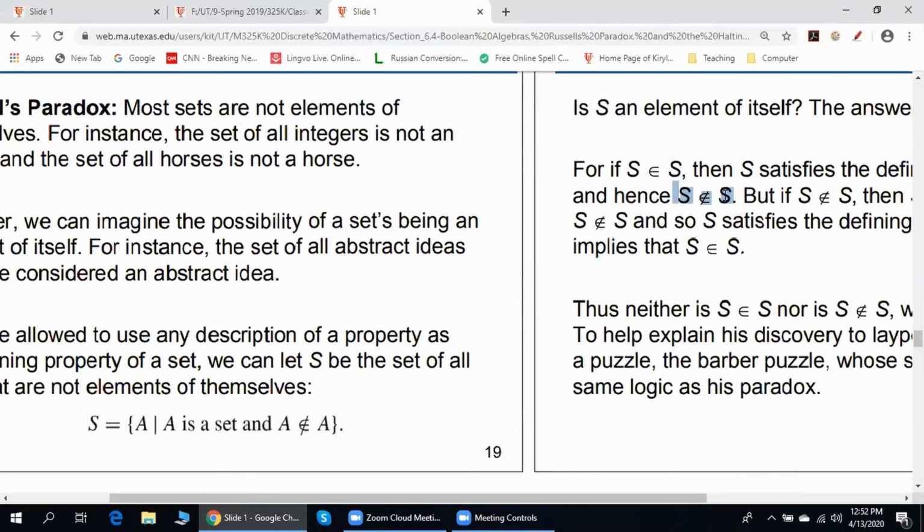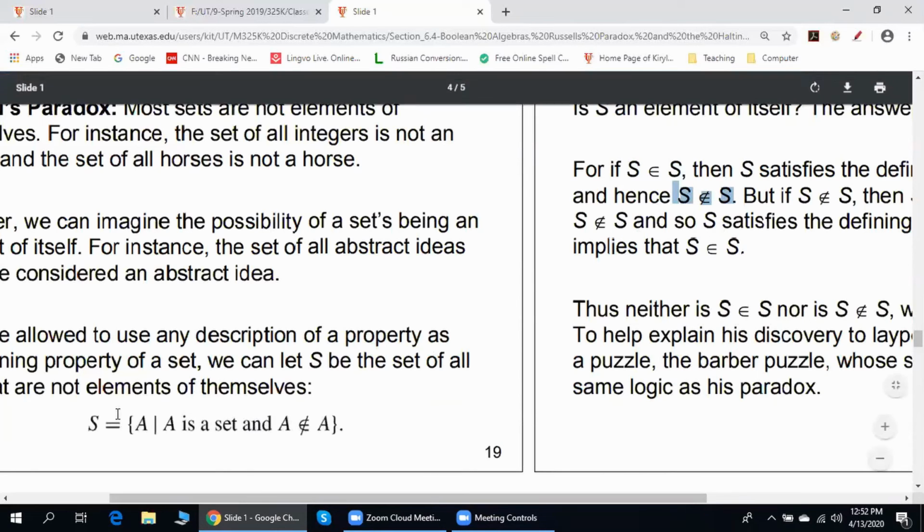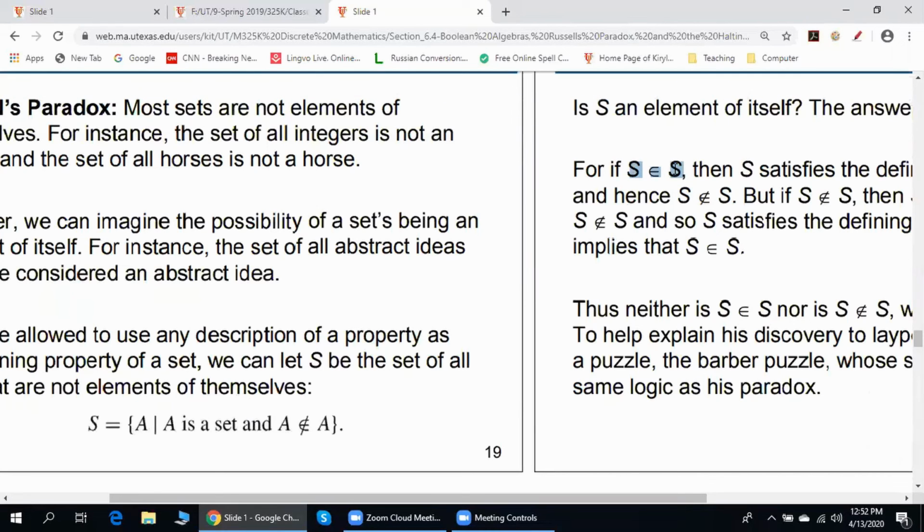Therefore, S is not an element of itself, because S is not here. Because if S is here, S is not an element of itself, but S is an element of itself. So S cannot be from here. Since S is not from here, S is not an element of itself. We got a contradiction. We started with the following: S is an element of itself. We came up with the following contradiction: S is not an element of itself. Does this make sense? Yes.